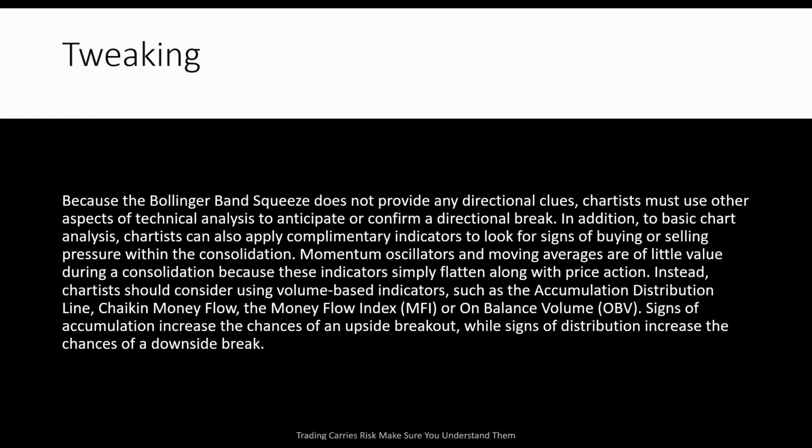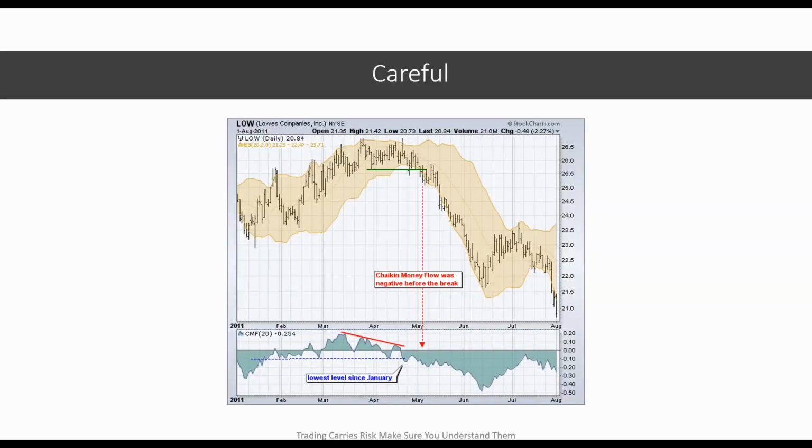Momentum oscillators and moving averages are of little value during a consolidation period because these indicators simply flatten along with price action. So in other words, RSI, stochastics, and MACD should all be basically neutral because they wouldn't be in overbought or oversold conditions because the market's been flattened sideways. So here we look for a very narrowing band and then we're looking for the breakout.